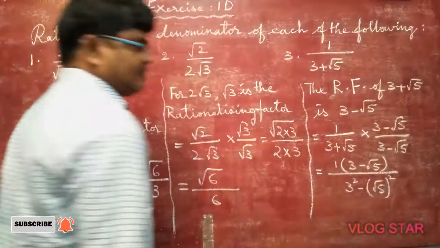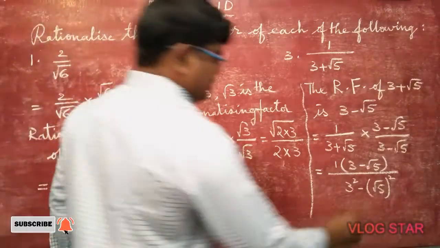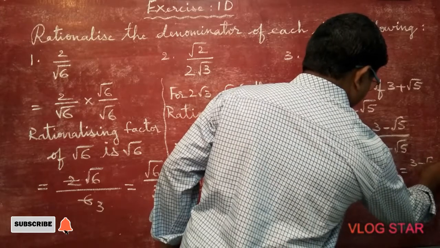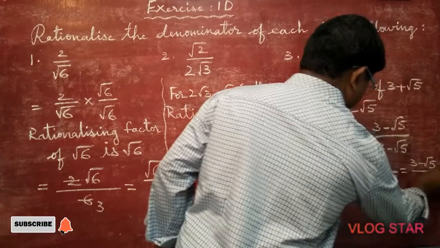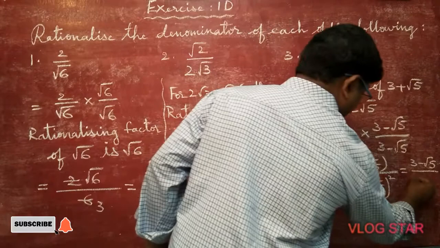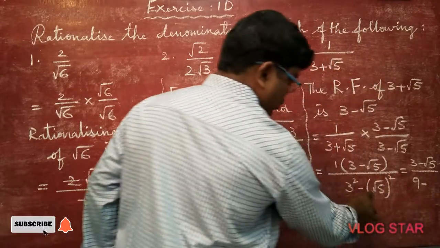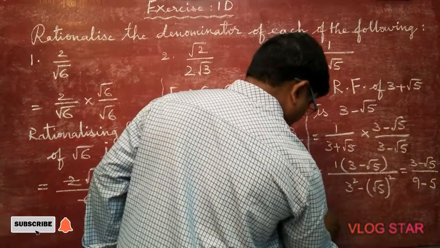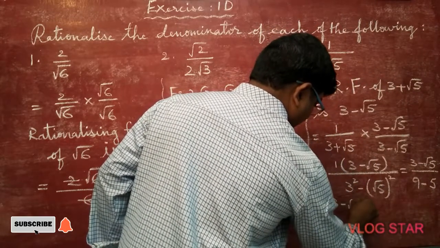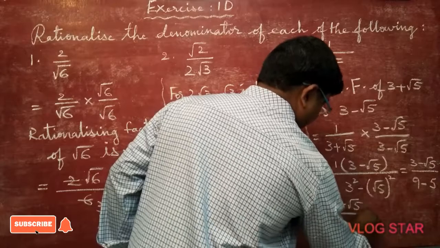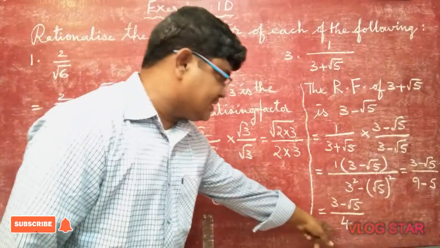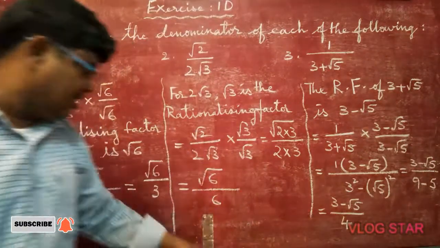So remember that formula. Now that is equal to 3 minus root 5 by 3 threes 9 minus root 5 into root 5, 5. That is equal to 3 minus root 5 divided by 9 minus 5, how much? 4.